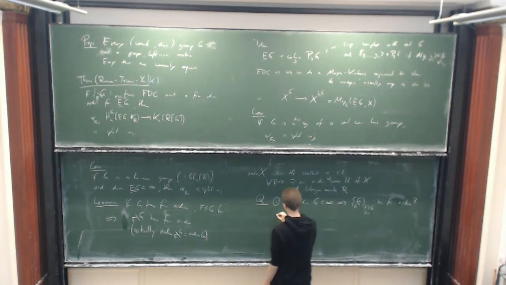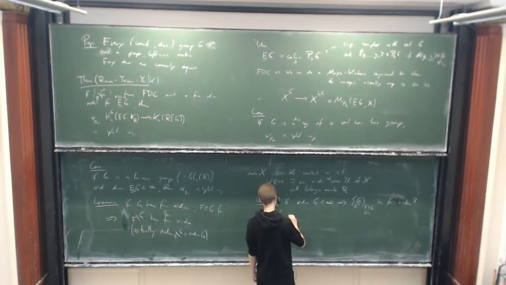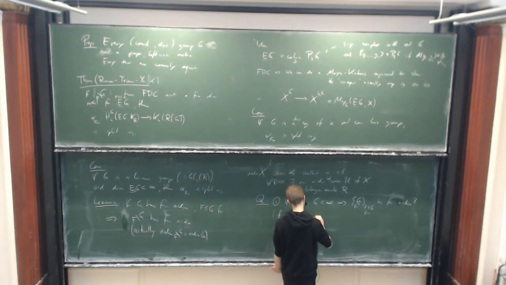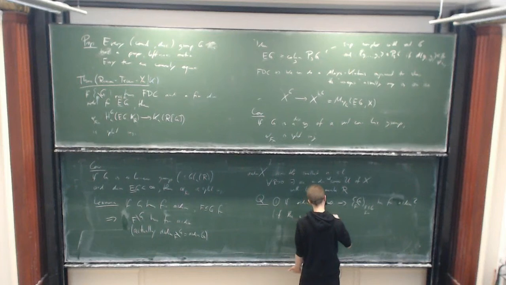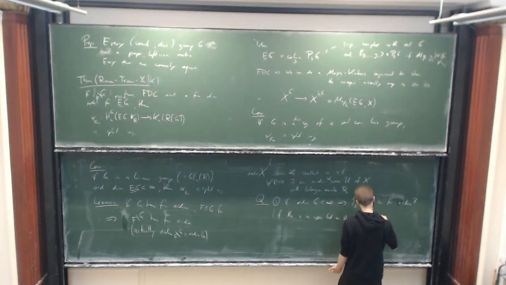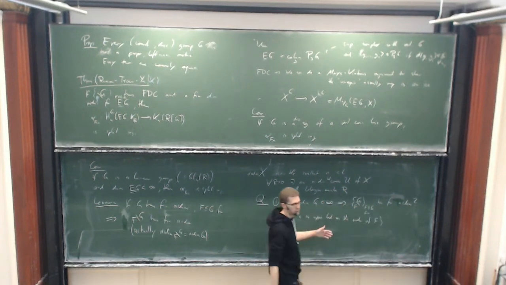And this is an issue if there's no upper bound on the order of the finite subgroup.